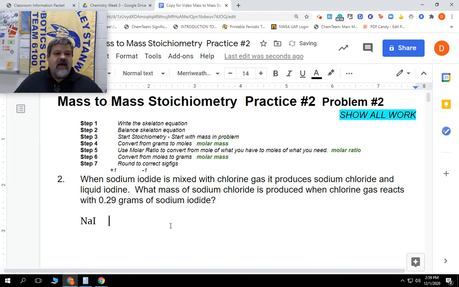gas. Well, chlorine gas is just Cl, but what's the problem with chlorine gas? It's not just Cl. What is it? Well, it's Cl2 because chlorine gas is diatomic.